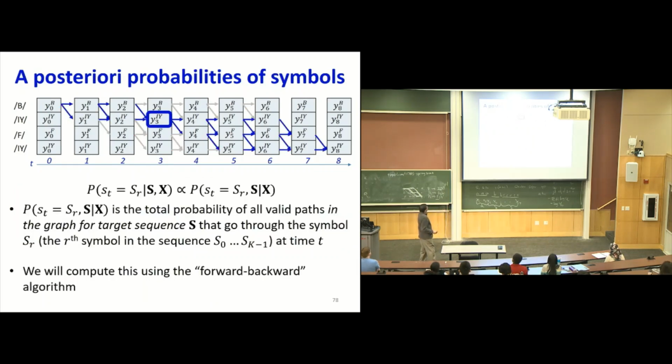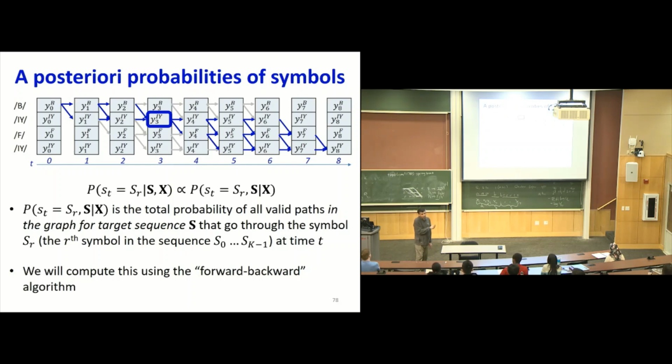Or if you were looking at this one, this probability is saying what is the probability that the best alignment assigns input 3 to the phoneme E. In other words, that probability is going to be basically proportional to the probability of all possible paths that go through this box. Make sense?